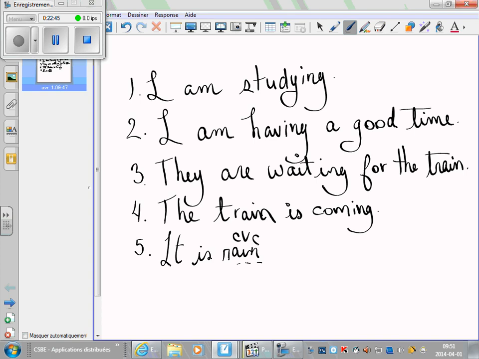Why do you keep just 1 N? How many vowels do you have in the verb? 2. So it cannot work because you have 2, and my CVC rules just work when I have 1 vowel in the verb. So it does not work. I just need ing at the end. So it is raining today.